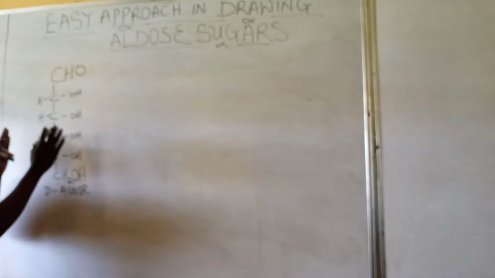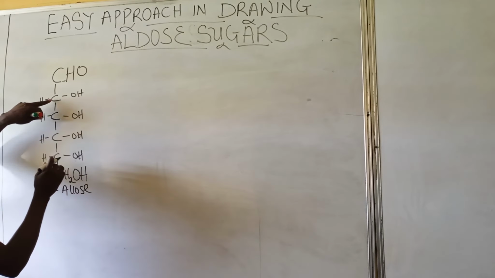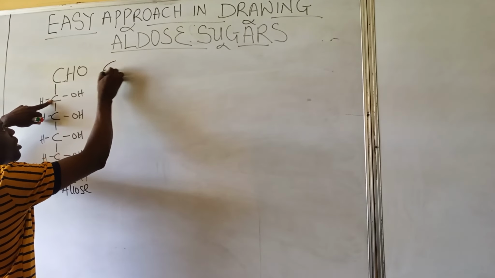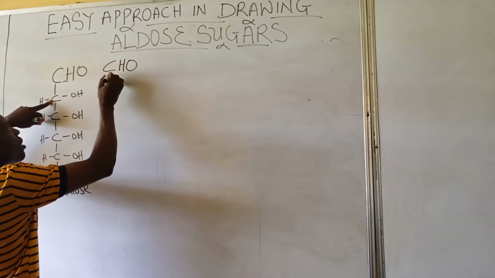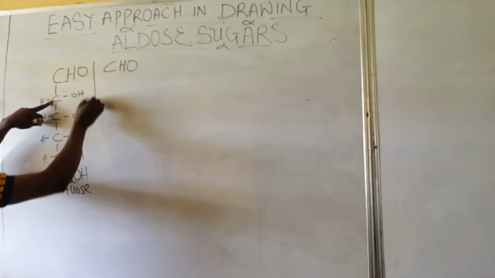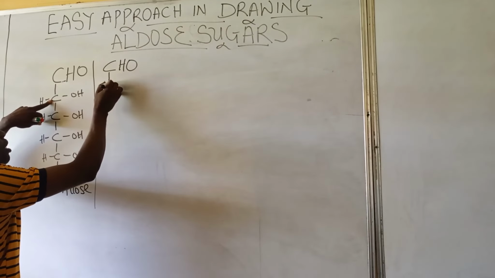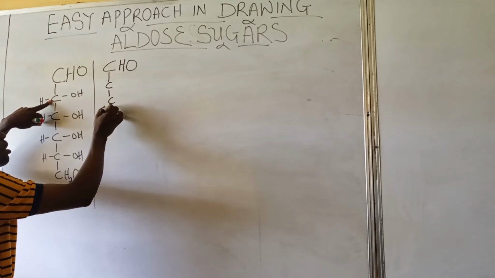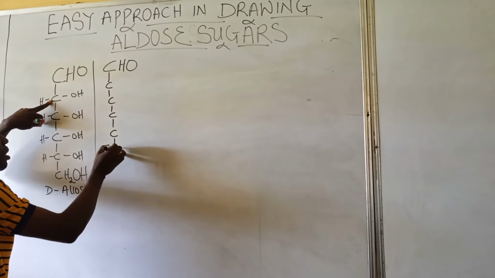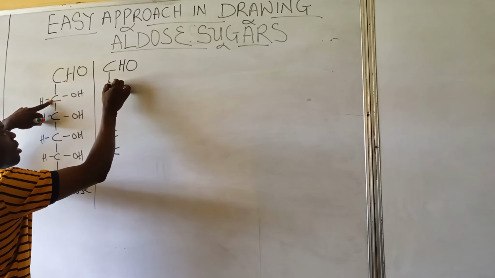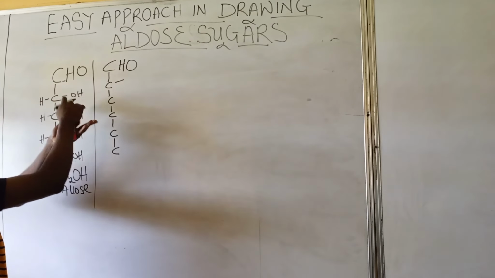This is called D-allose. Now the second one, if you move down here, carbon 2 now. Let me demarcate it so it can be easy for you to follow. 1, 2, 3, 4, 5, then 6. Here, carbon 2 changes.